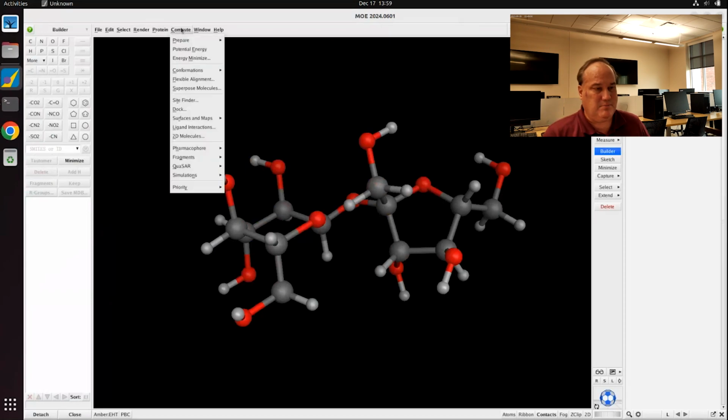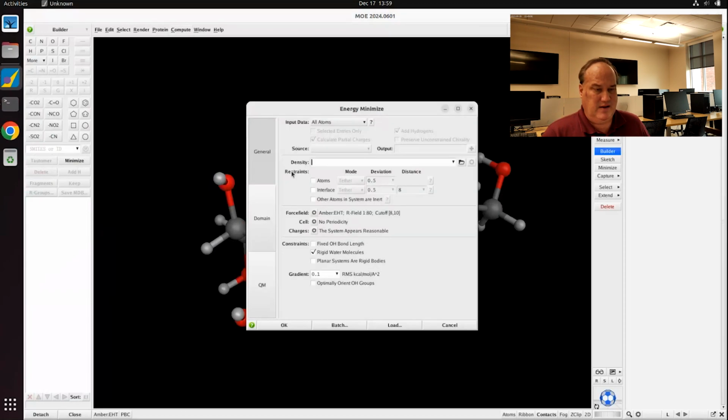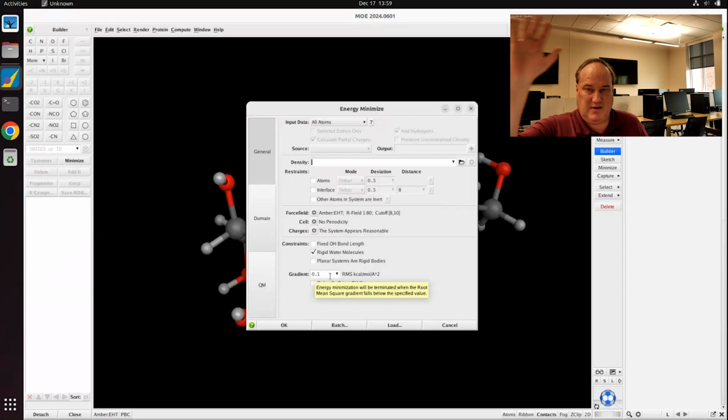So we want to make sure that we have all of our charges applied. We come up to compute, energy minimize, and when I energy minimize, now this gradient, this is 0.1 kcal per mole per angstrom squared. This is kind of like looking at, you know, when we minimize, we're at the top of a hill, we're going to the bottom, right? We're minimizing, so we're going into the valley, right? And the gradient tells us the slope of the hill, right?